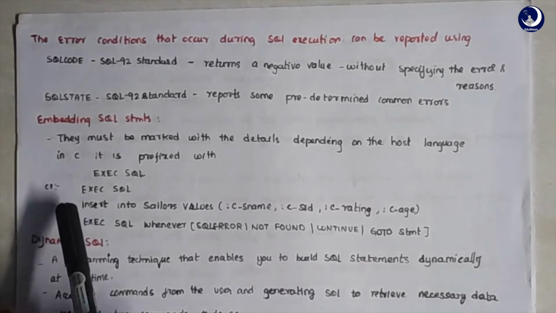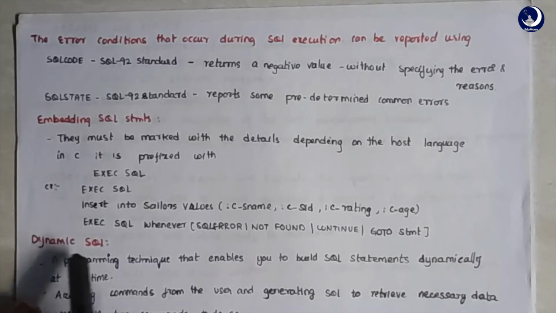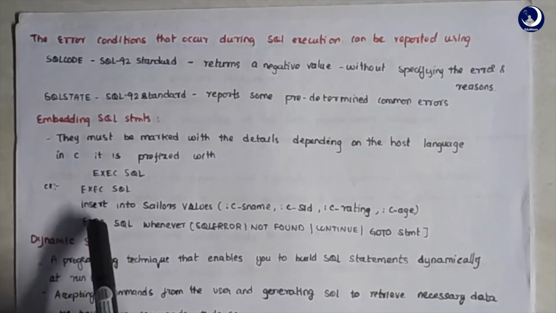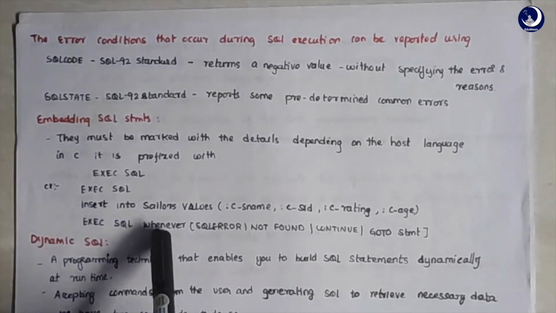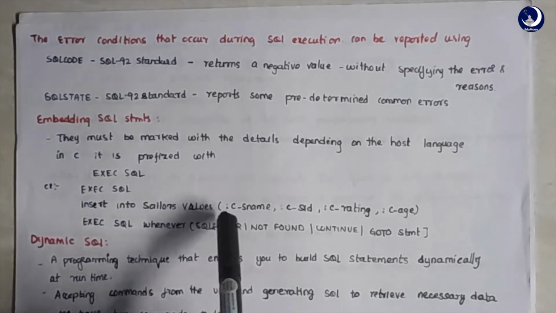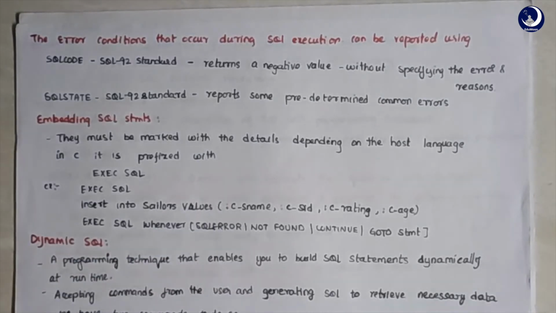Start the statement section by EXEC SQL, then followed by the command or the statement we want. INSERT INTO Sailors VALUES, colon followed by the variables we have brought from the host language: :c_sname, :c_sid, :c_rating and :c_age.